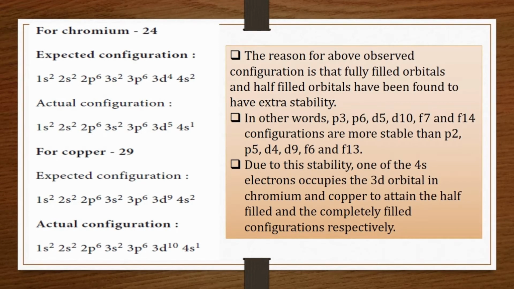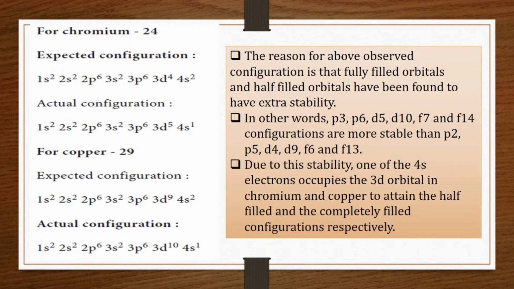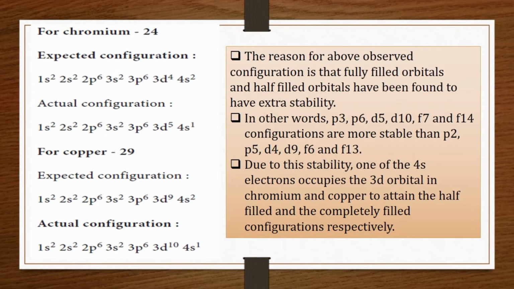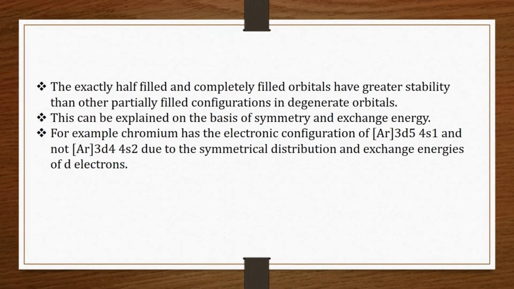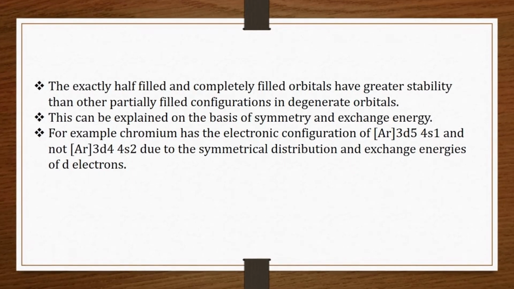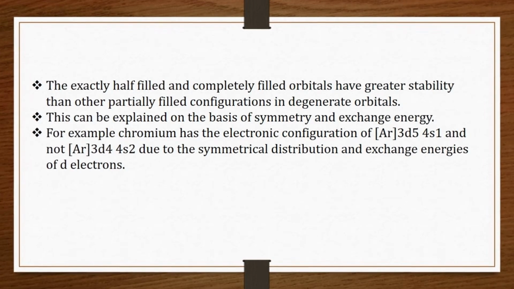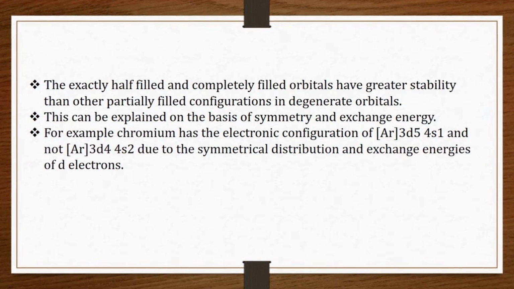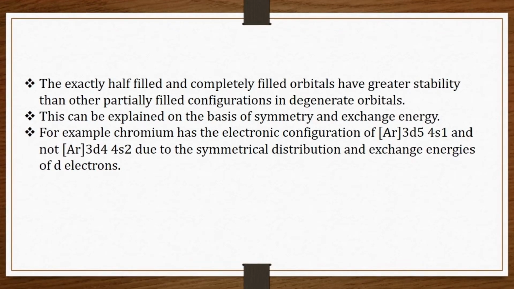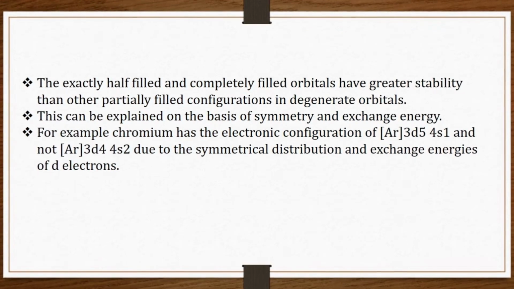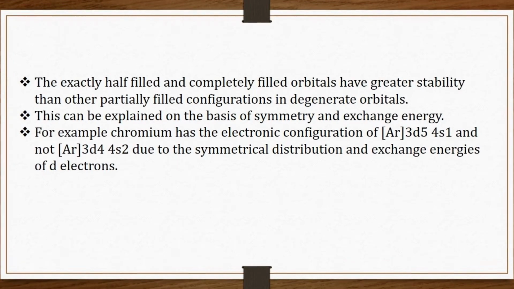This implies that if there is a chance of getting half-filled or fully filled orbitals by shifting any one electron, then such configurations are preferred. There are two reasons to explain why half-filled and completely filled orbitals are more stable than partially filled orbitals. This is because of symmetry and exchange energy.